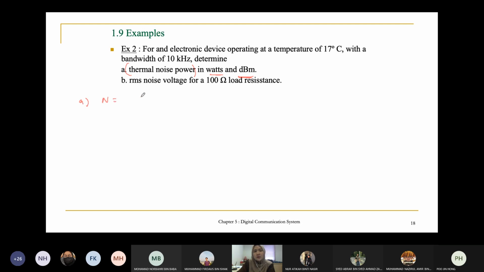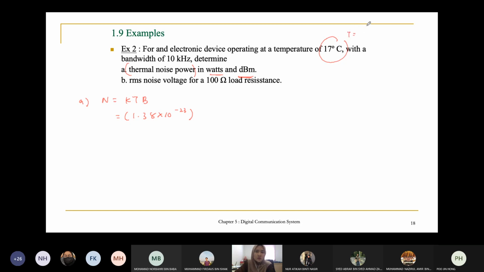Thermal noise power is equal to N = KTB. K is the Boltzmann constant, which is fixed at 1.38 times 10 to the power of negative 23. T here is the temperature in Kelvin. But the question gives you the temperature in degrees Celsius, so you need to convert it to Kelvin first.